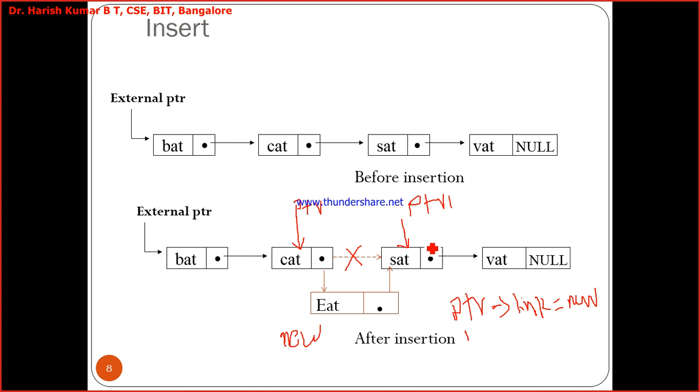You have to access this field: new arrow link is equal to ptr1. This is how we do it. Understood now? Is this clear till here? Yes, sir.